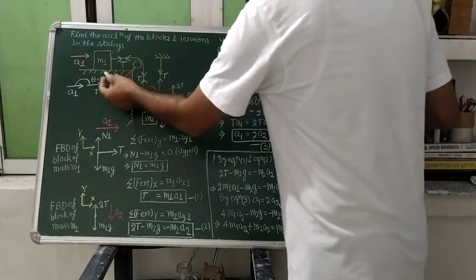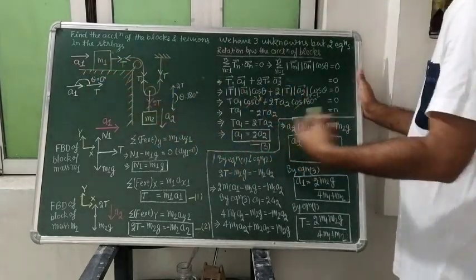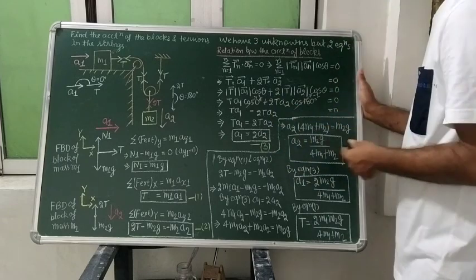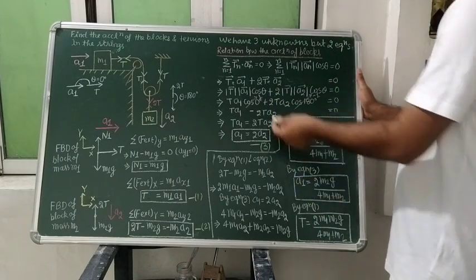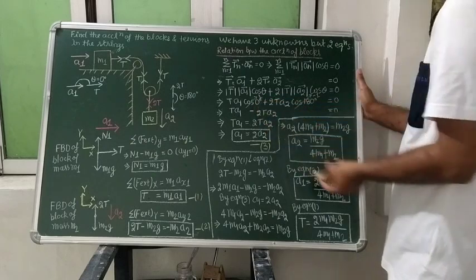And for block 1 you will see that tension and the acceleration are in the same direction, so your theta will be equal to 0 here, isn't it?